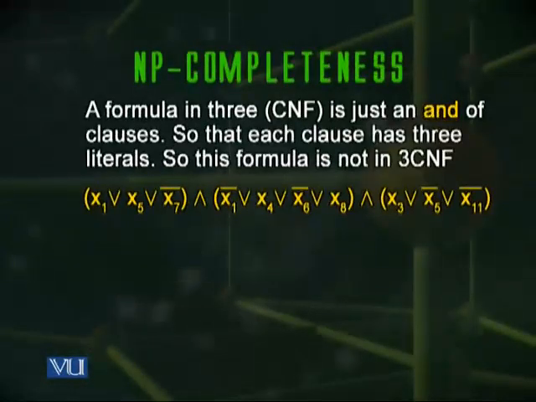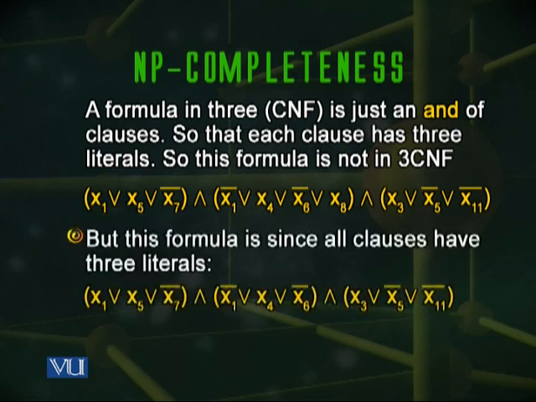The first formula is not in 3CNF because if you look at the middle clause, it's x1 bar or x4 or x6 bar or x8. It has 4 literals. This means that this particular clause does not have 3 literals, so this formula is not in 3CNF.